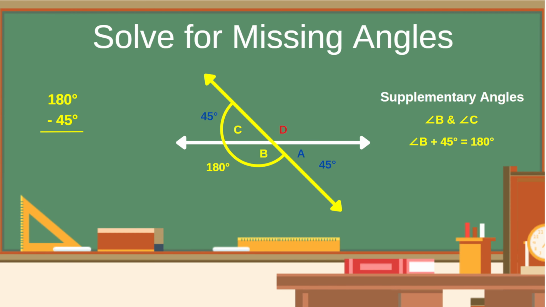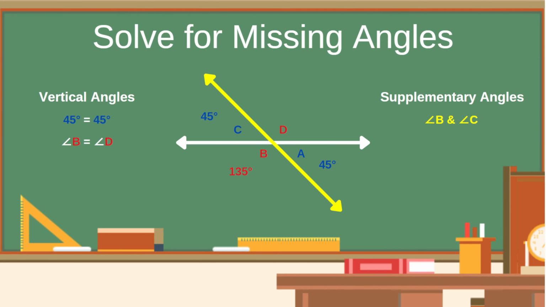We can solve for the measure of angle B by subtracting 45 from the total of 180, which gives us 135. That means that the measure of angle B is 135 degrees. And since B and D are vertical angles and equal to each other, then we know that the measure of angle D is also 135 degrees.